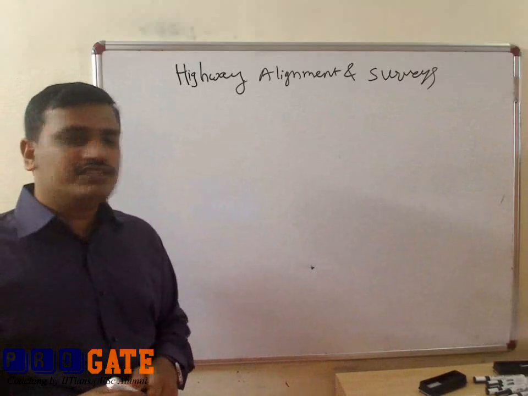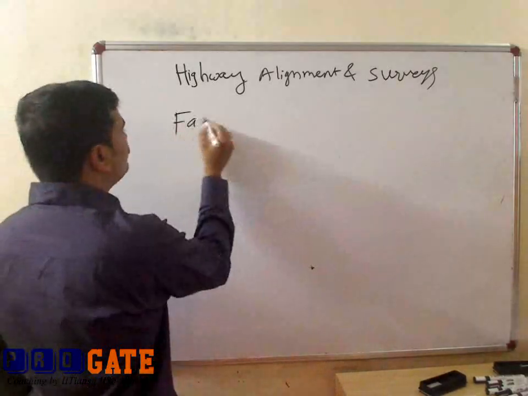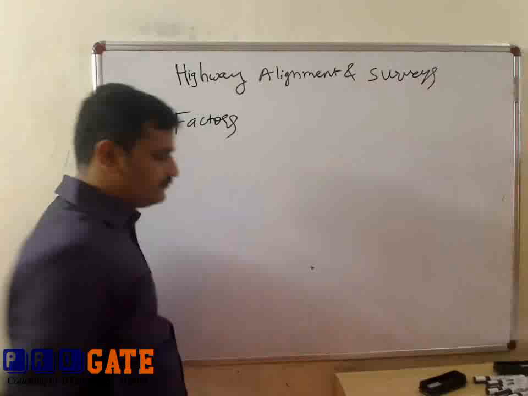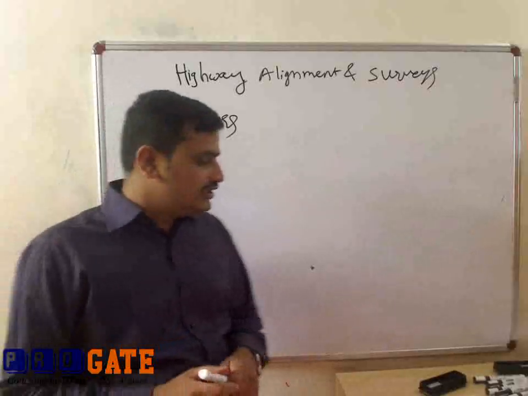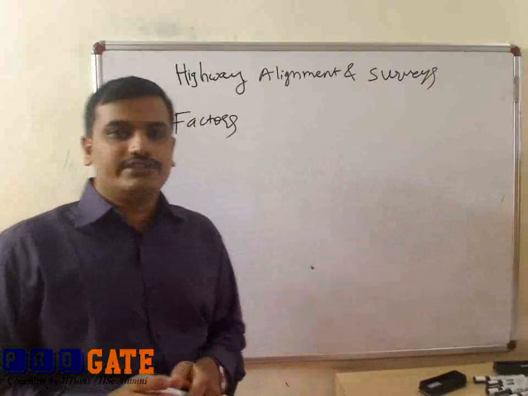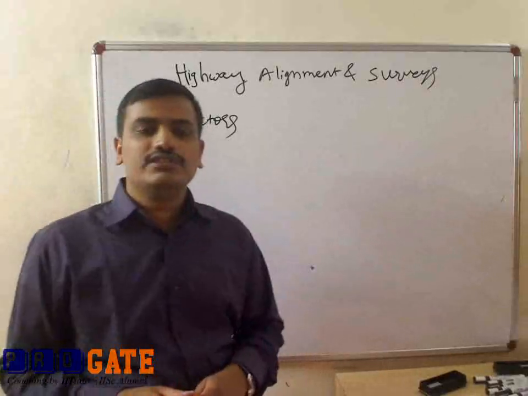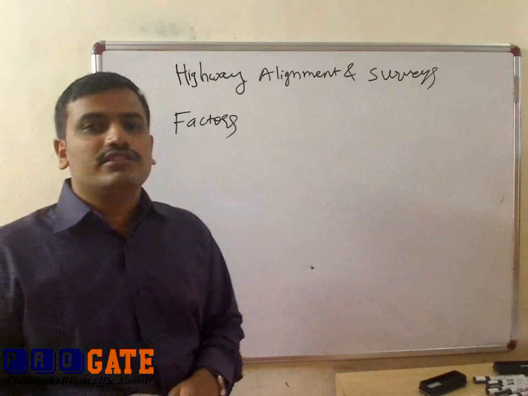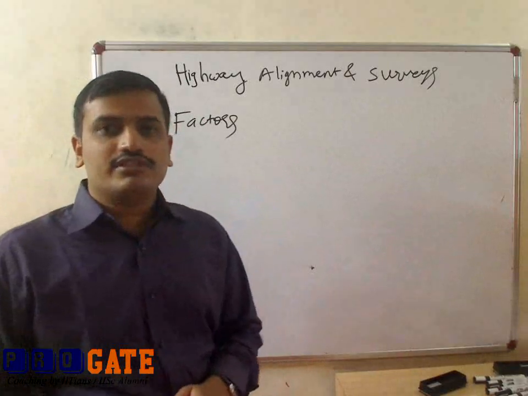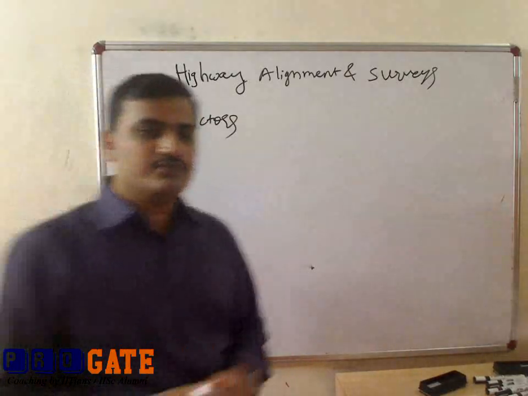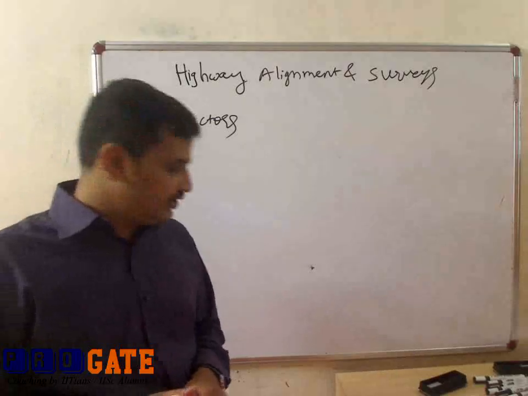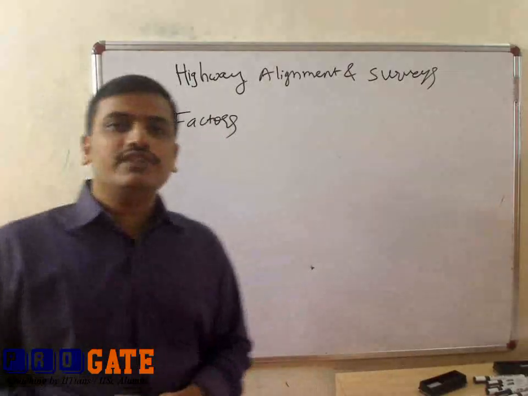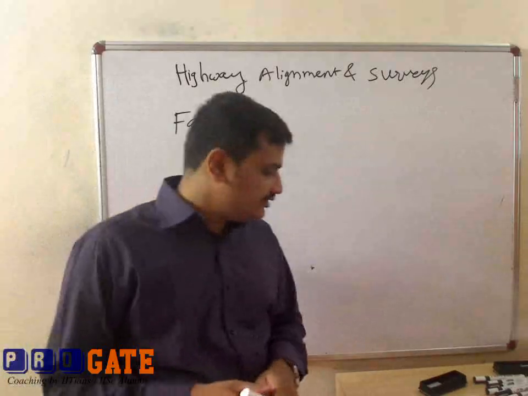There are some factors which control the highway alignment selection. These factors are obligatory points. There are rivers, and there are some topographical features which drive the highway alignment selection.